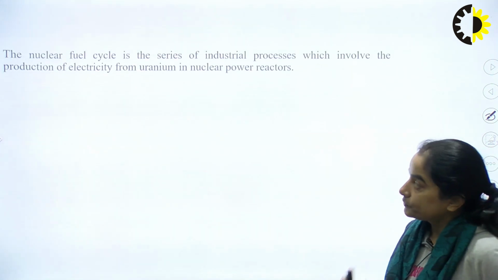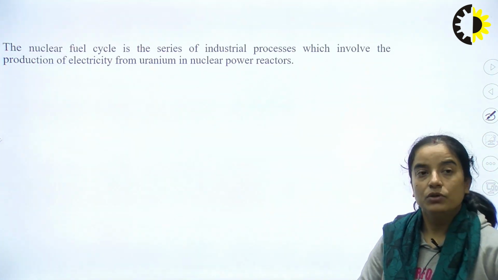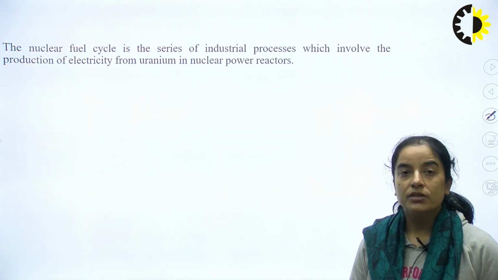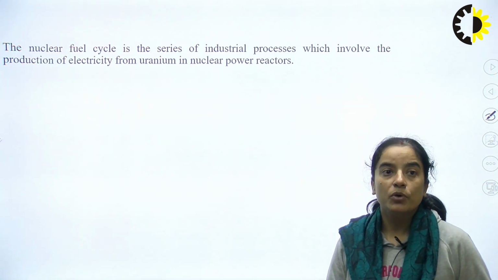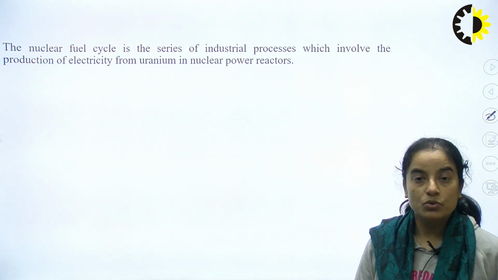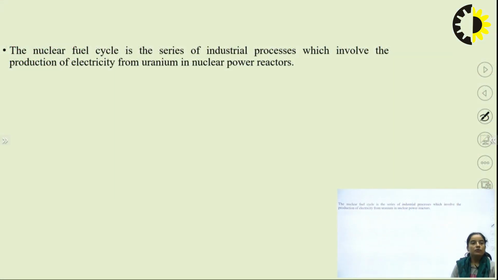So first, the nuclear fuel cycle. What is the nuclear fuel cycle? It is a series of industrial processes which involve the production of electricity from uranium in a nuclear power reactor. The fuel is uranium. It is mined, and then prepared as uranium fuel rods for the nuclear reactor.